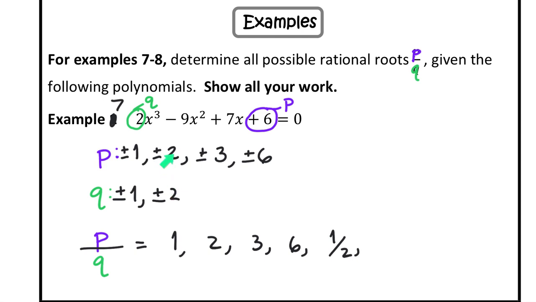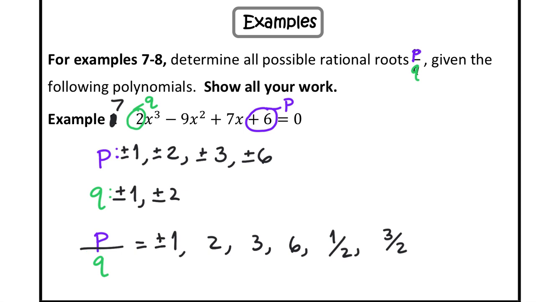What's 2 divided by 2? That's 1, but we already have 1. Okay. 3 divided by 2? That's 3/2. And then what's 6 divided by 2? That's 3, but we already have 3. So these are all the possible divisions of p over q.